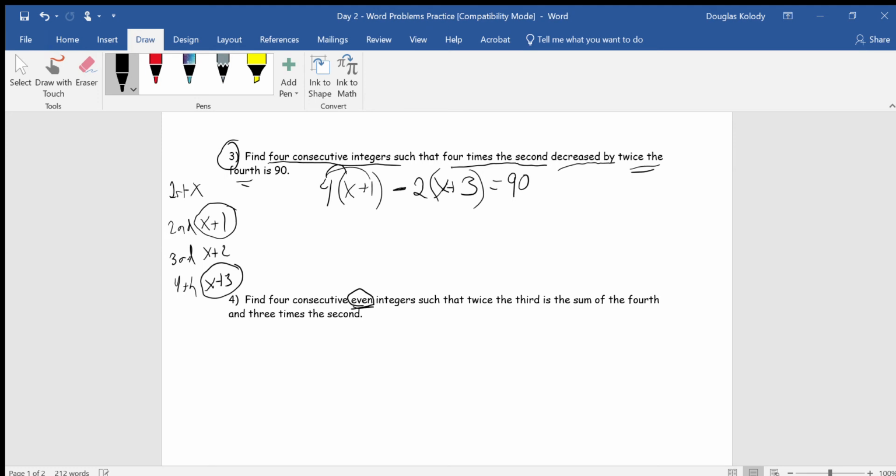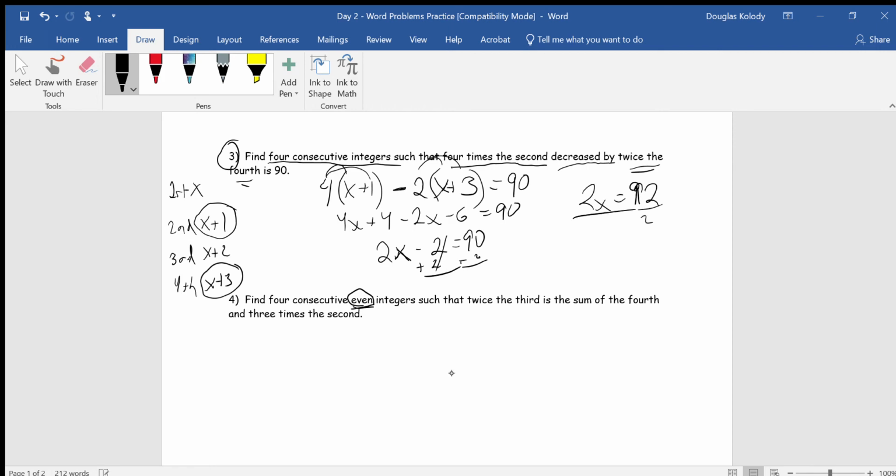So let's distribute. 4x plus 4 minus 2x minus 6 equals 90. Combine like terms and get 2x minus 2 equals 90. Add 2 to both sides and get 2x equals 92.